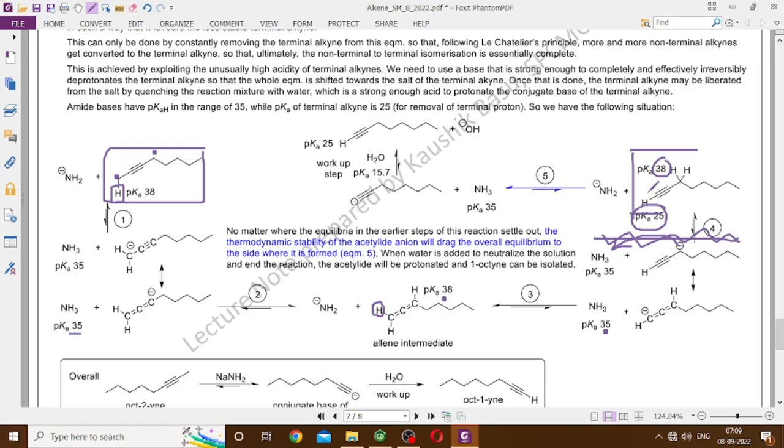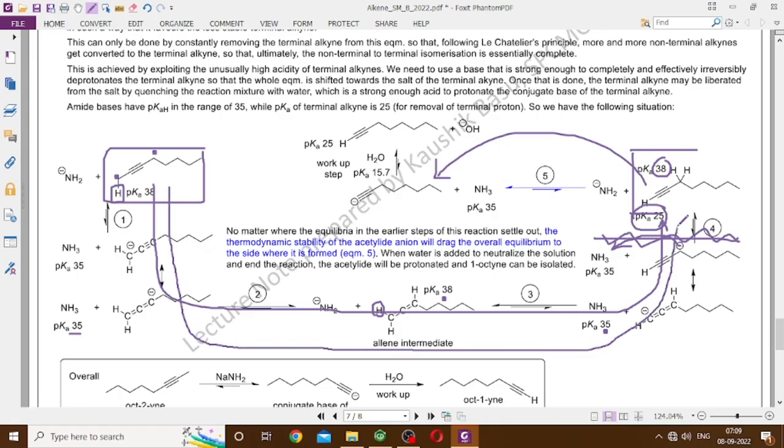The fifth equilibrium will disturb the equilibrium 1, 2, 3, 4 by taking away and completely deprotonating this molecule, and this will be forming as a sodium salt, and this will continue converting itself into this one, which will helplessly go over into this one. More and more will be converting into this one, which will again be deprotonated, so that eventually you have the sodium salt.